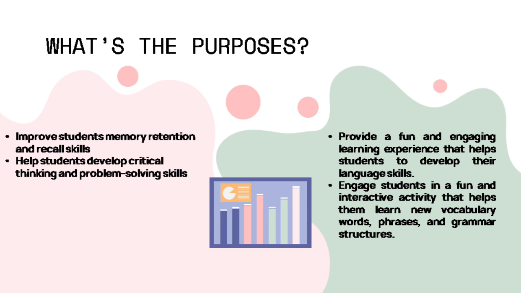And then, engage students in a fun and interactive activity that helps them learn new vocabulary words, phrases, and grammar structures. This game can be played individually or in teams and is an engaging way for students to review and reinforce their knowledge of English vocabulary.